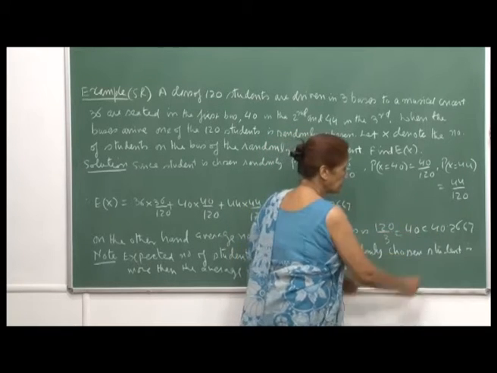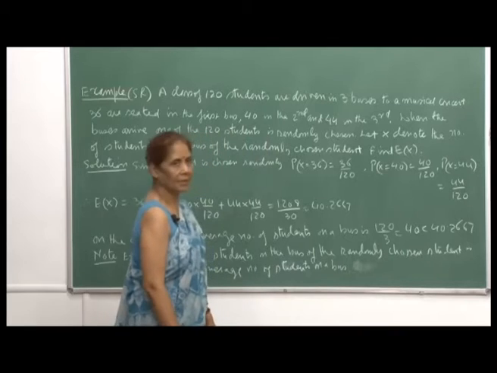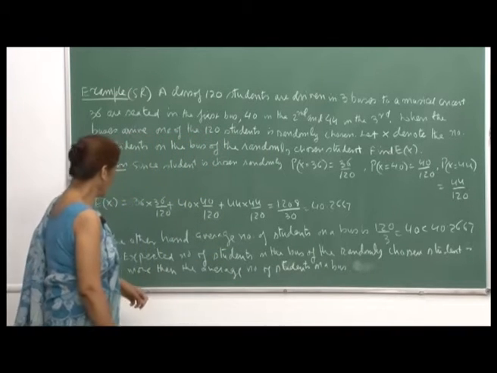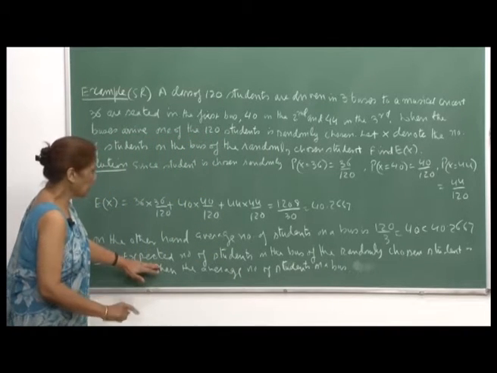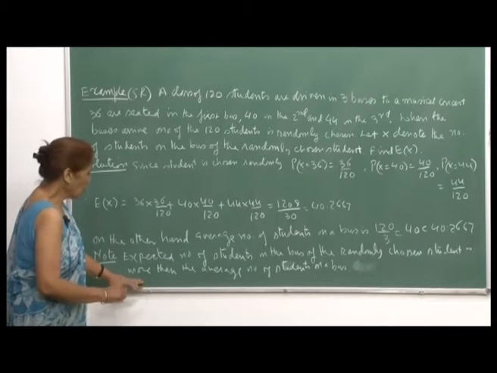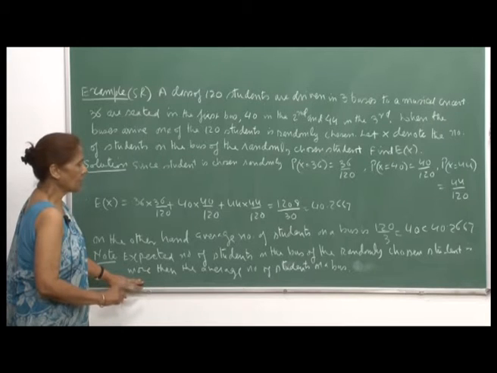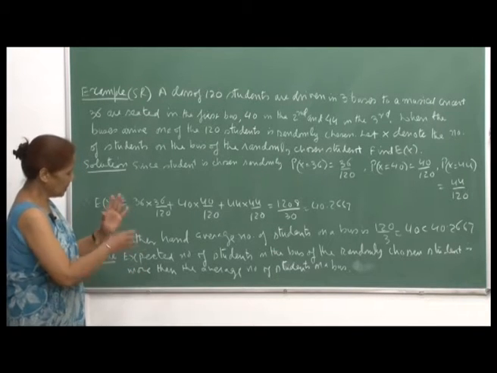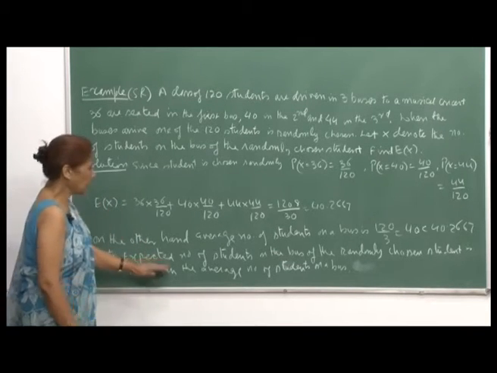Now, this number is less than 40.2667, and this is what I want to point out here: the expected number of students on the bus of the randomly chosen student is more than the average number of students on a bus. So, just think about it, and why is this happening?